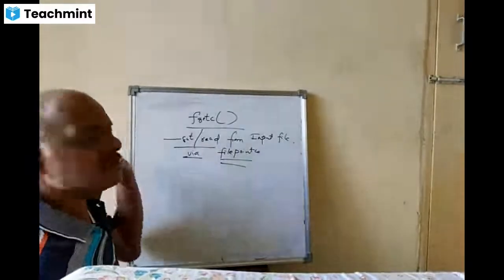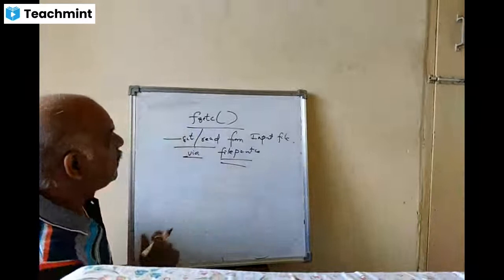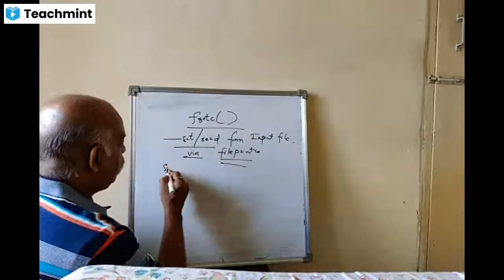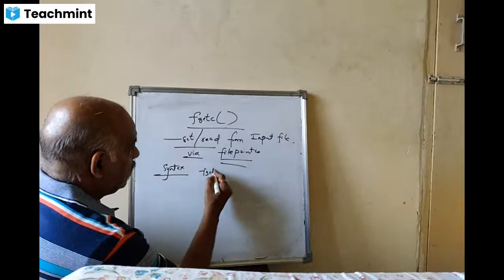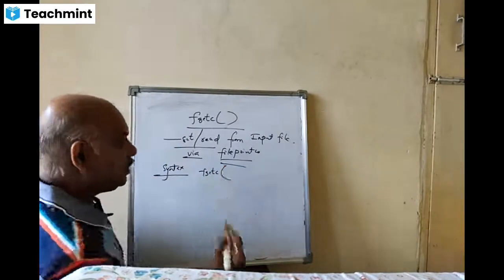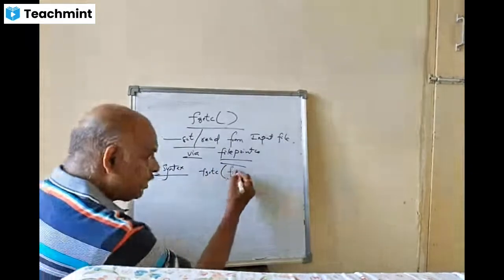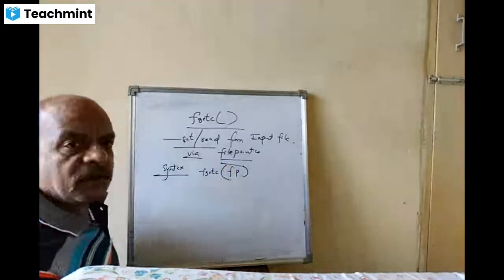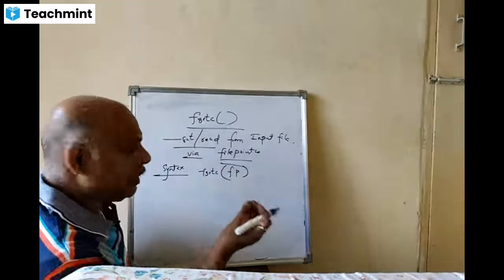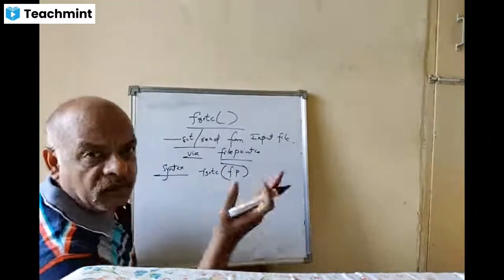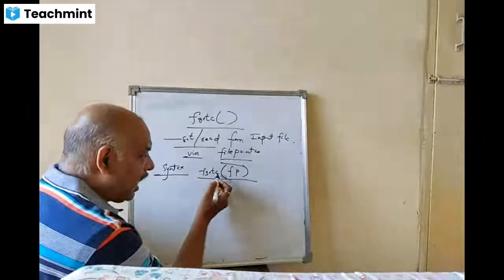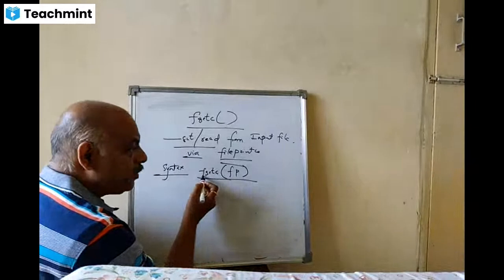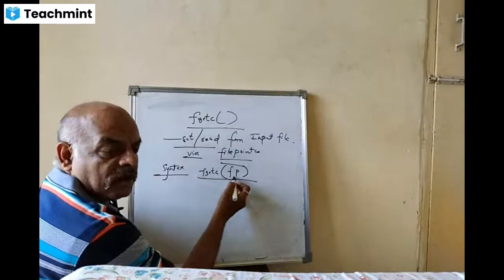You have to understand this. What is the syntax? fgetc, what you want to read? You want to read the data pointed to by the file pointer from the input file. So fgetc reads the character from the input file pointed to by the file pointer.